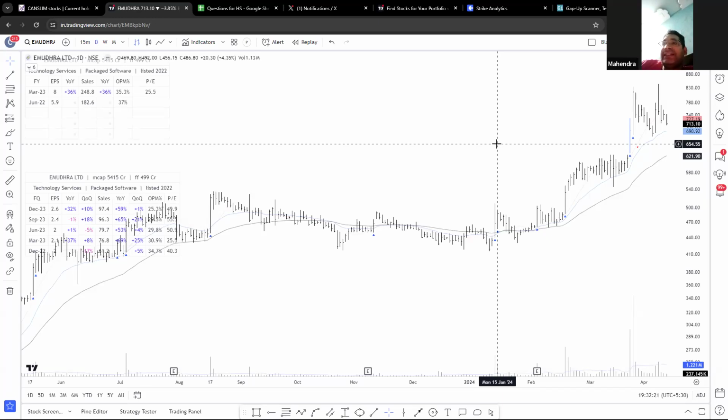Now I have to constantly check the distance from 21 DMA, because our stop loss is around that 21 DMA mark. If that 21 DMA is very far away from the current price, then it may happen that if the stock corrects, we can lose more than 5%.